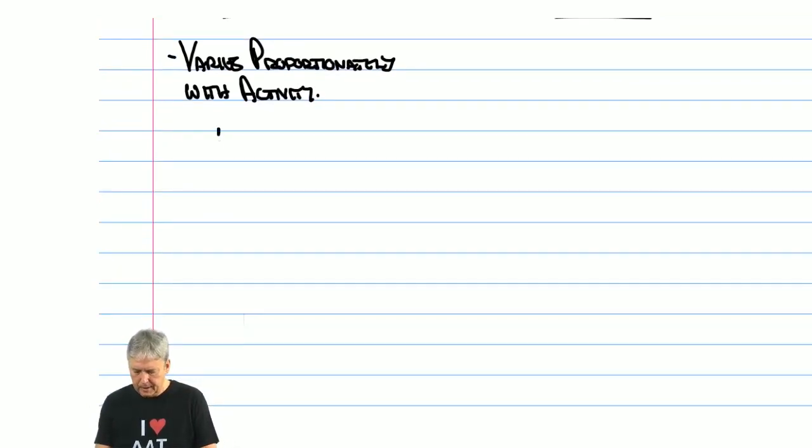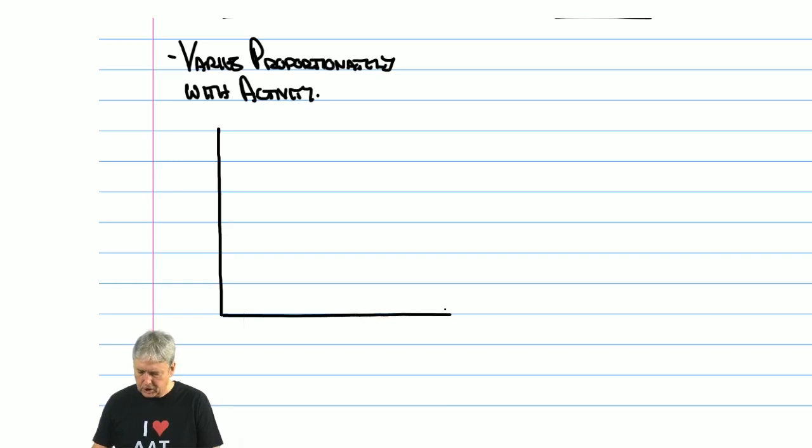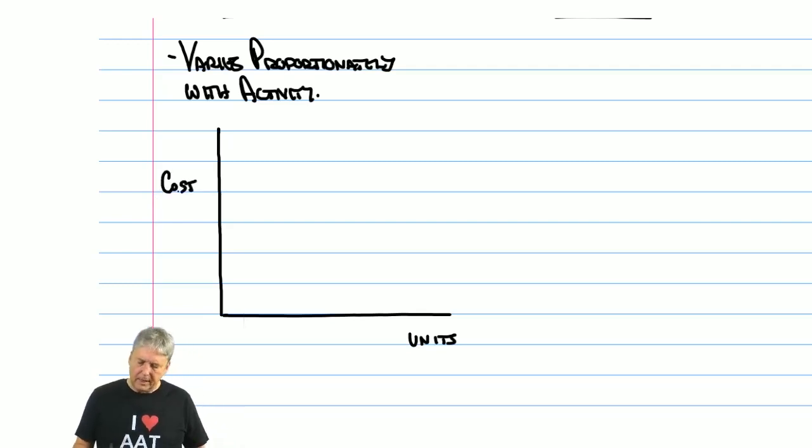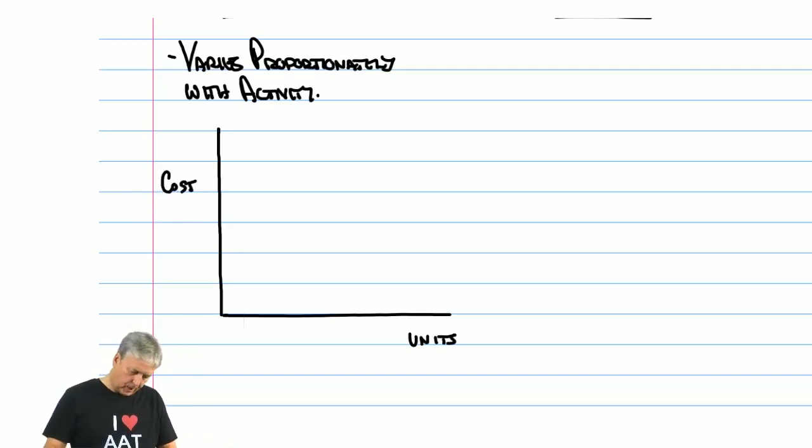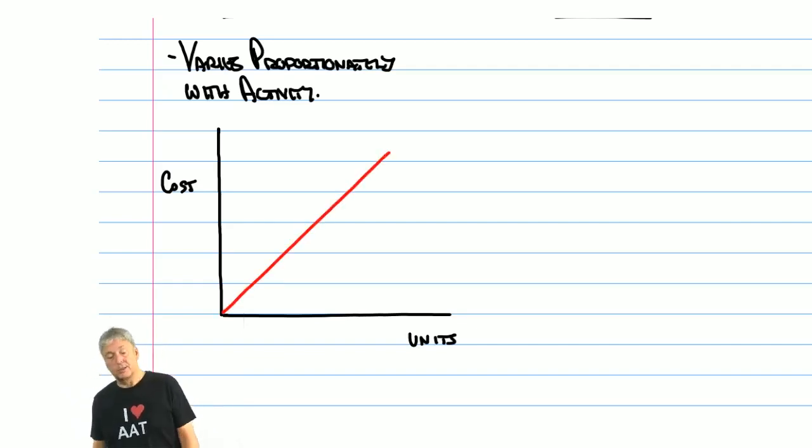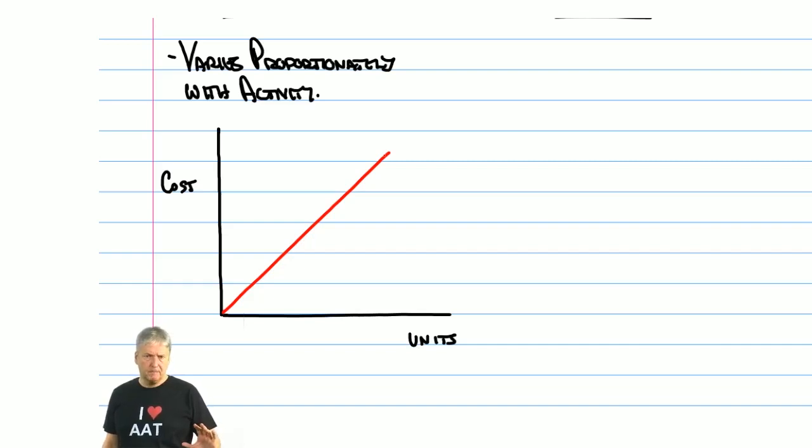So, if we were going to draw a pretty diagram here, a pretty chart, and we talked about the units produced and the cost, all we would expect is this sort of relationship. As the number of units rise, so does the cost. We have a straight line rising through the origin. Okay? Very straightforward indeed. Double the number of units, double the cost, etc., etc., etc.